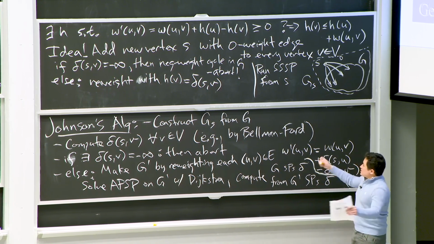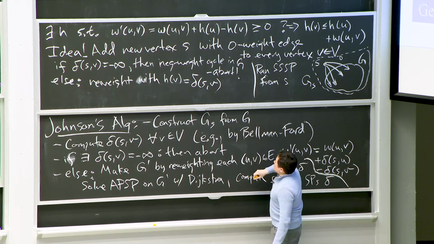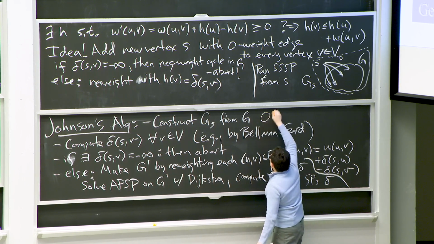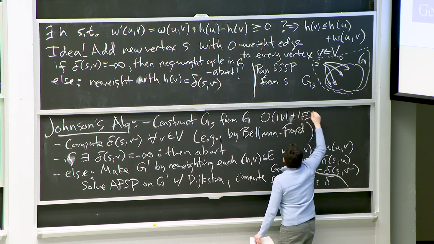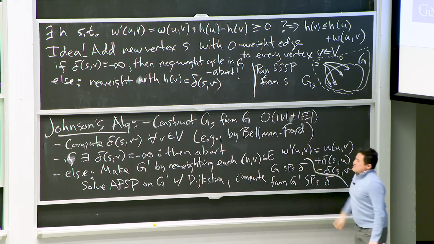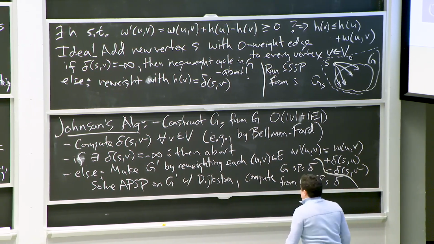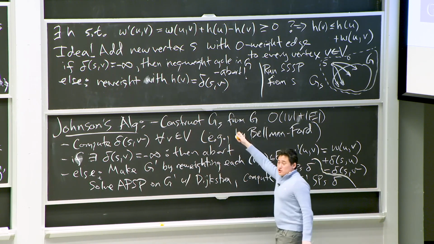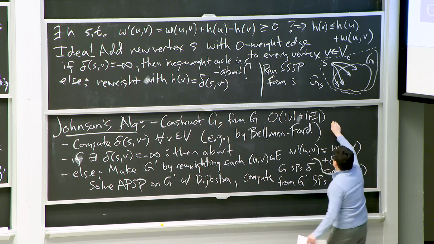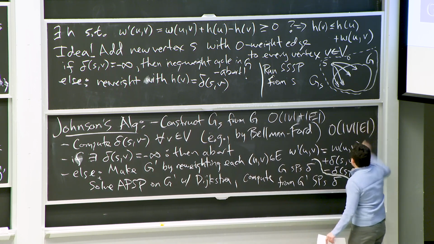Okay, what is the running time of this algorithm? So this part, reconstructing this thing, this takes linear time, right? I'm just making a new graph of the same size except I added V edges and one vertex, okay? Doing Bellman-Ford on this new modified graph, I'm doing that once. That takes V times E time.